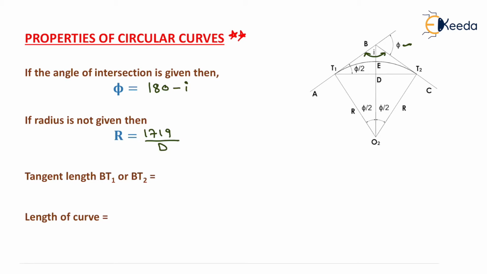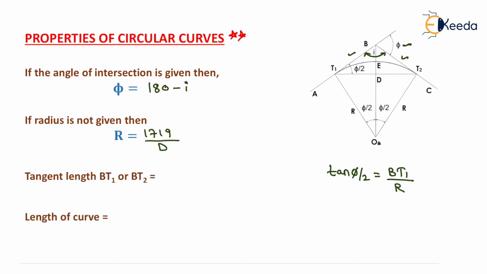Now we need to compute the value of tangent length BT1, that is this length, or BT2. For the computation of tangent length, we have to use the trigonometric property in triangle OBT1. Now in the triangle OBT1, tan phi by 2 will be equal to what? Perpendicular upon base, it will be equal to BT1 upon base will be r.